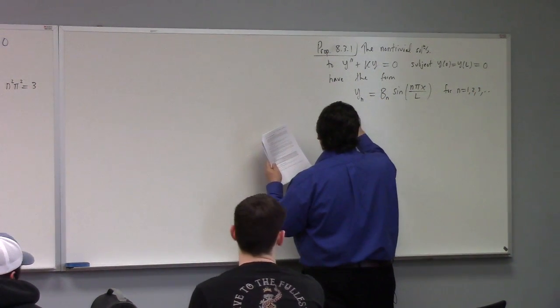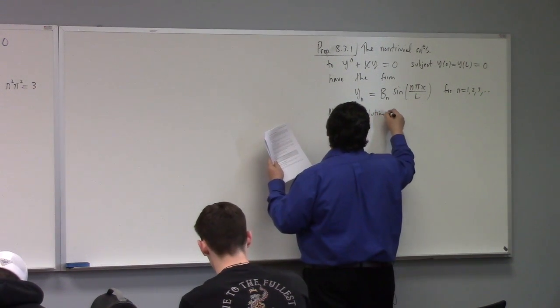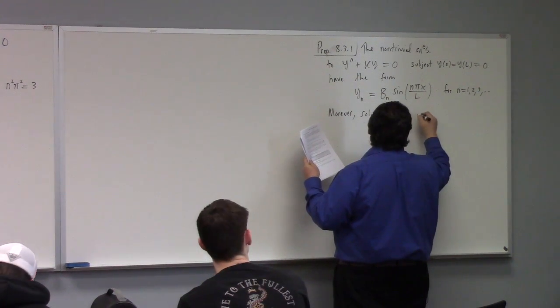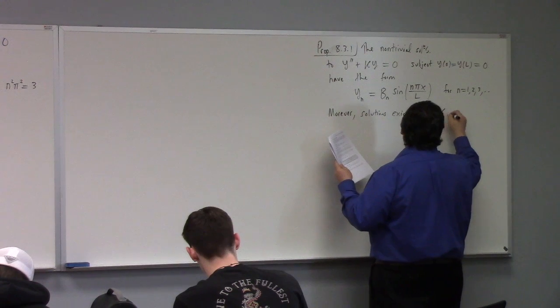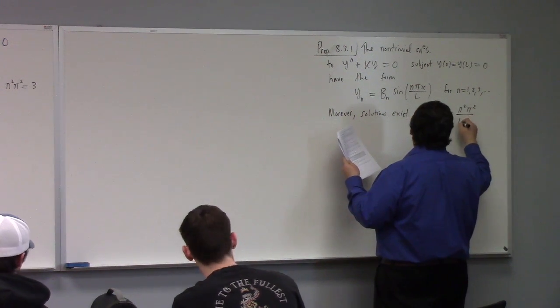Moreover, solutions exist if and only if k is equal to n squared pi squared over L squared, all right?